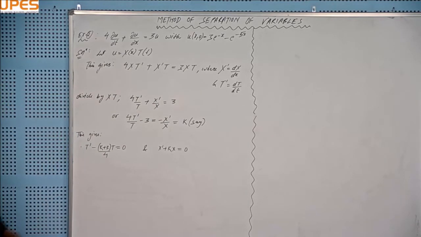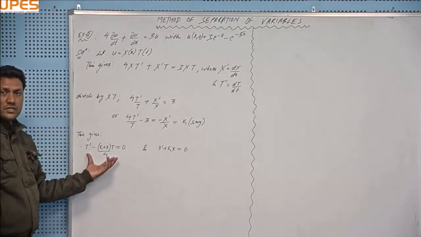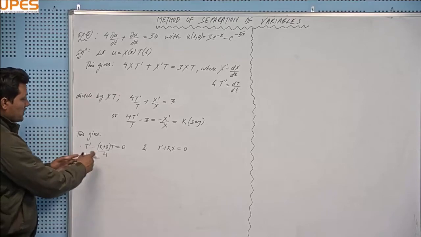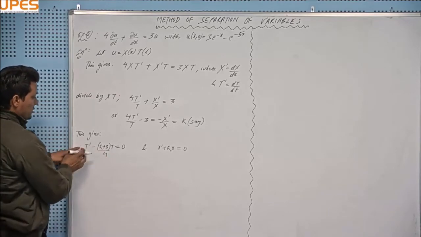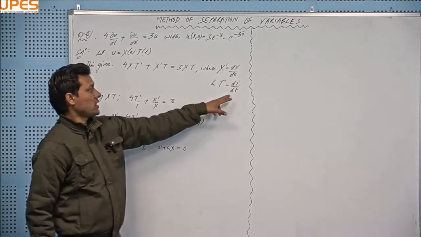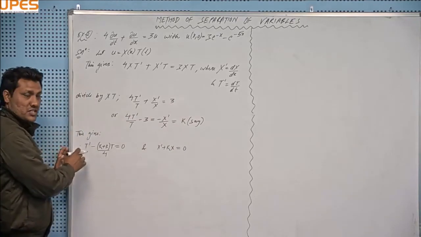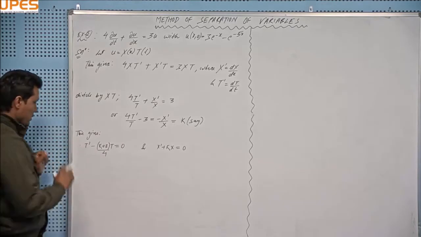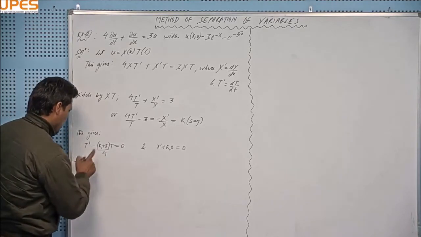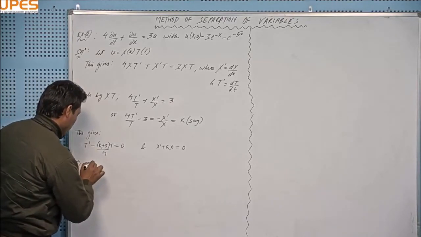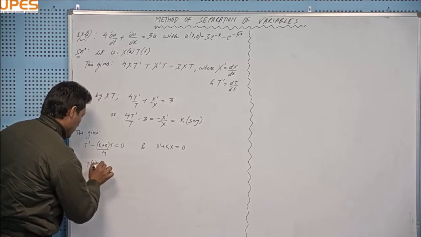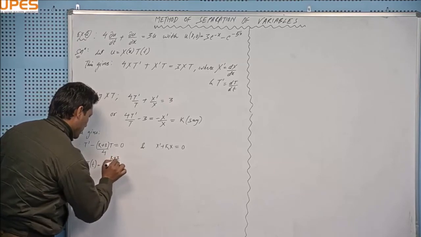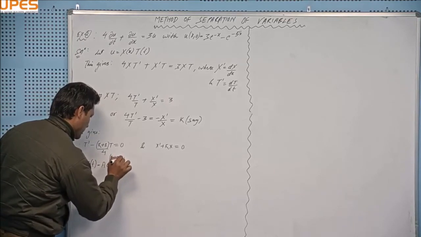Now solving these two, you can solve them easily. This is a first order ordinary differential equation, and obviously that is variable separable. You should write it as dT over T, taking capital T on one side and small t on the other side, and performing integration, you will get the solution. T as a function of t is equal to some constant times e to the power (k+3)/4 times small t.